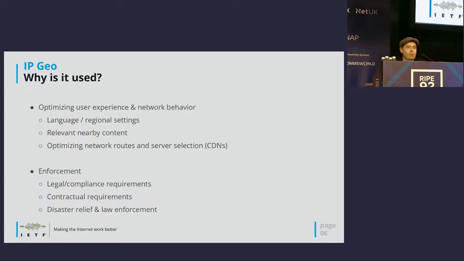Originally, it was a network level thing, but it's trying to be used as well for enforcement and much more highly targeted location info. For example, contractual stuff, and law enforcement also potentially would like higher resolution, for things like if you make a VoIP call to emergency services, they might want to be able to actually deliver the ambulance to you and not to the city that you're in.